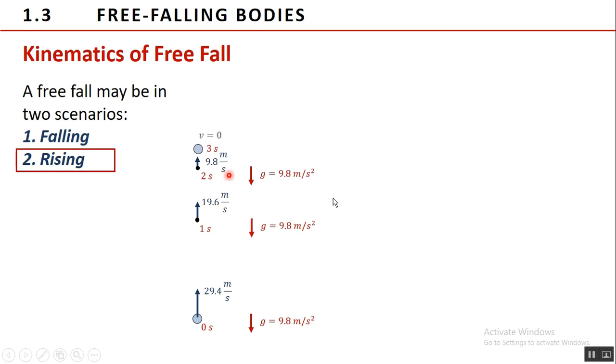And 3 seconds later, the object momentarily stops, hence the velocity is zero when it reaches the maximum height of flight. Also we see that the magnitude of its vertical displacement is decreasing in each second. Again, although both the positions and velocities are changing, we assume that the acceleration due to gravity remains constant. We can also say that a rising body is decelerating as it rises.